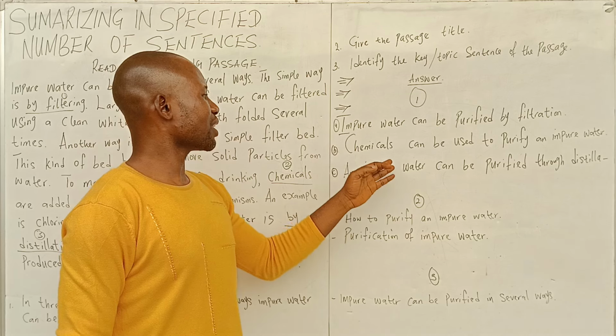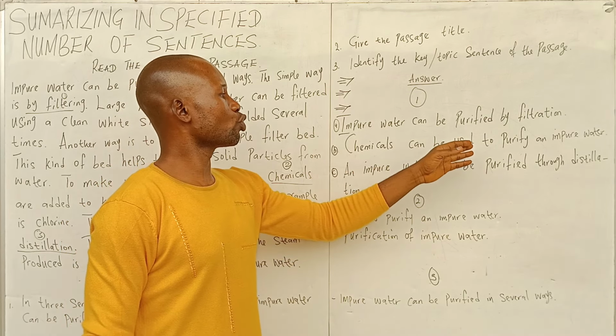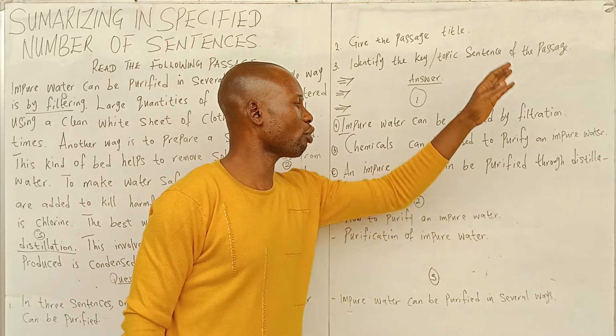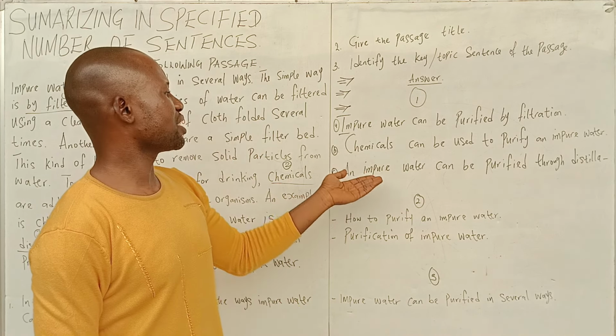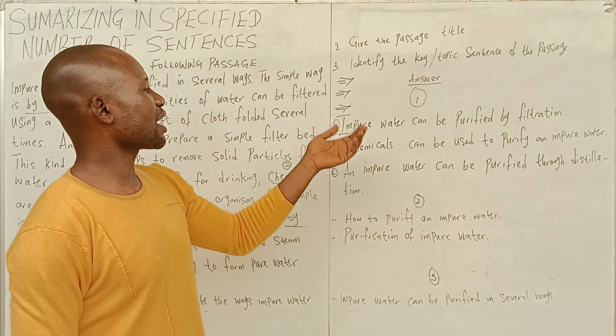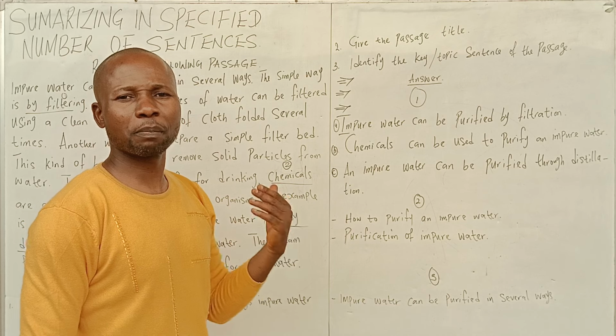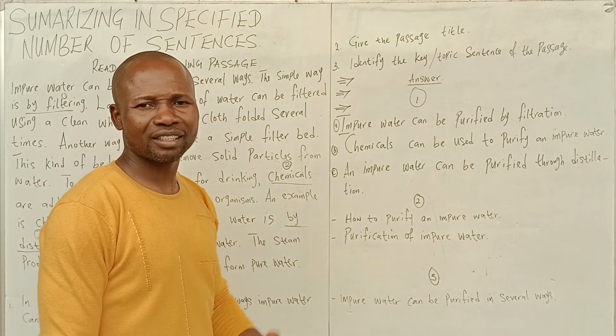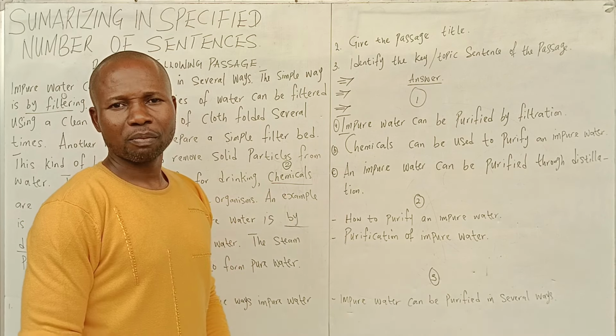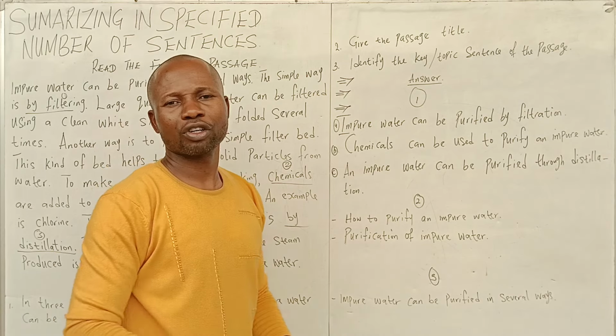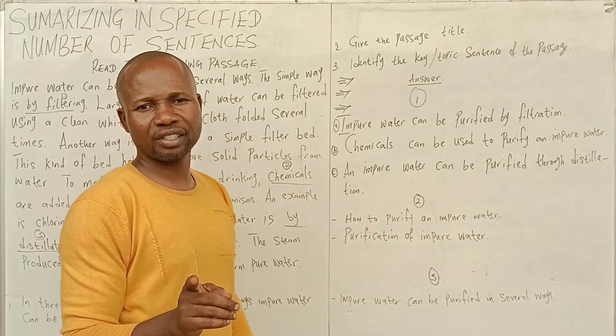Number two, chemicals can be used to purify an impure water. You can as well write it by saying impure water can be purified by adding chemicals. But if you now say, for example, chloride, you fail it.